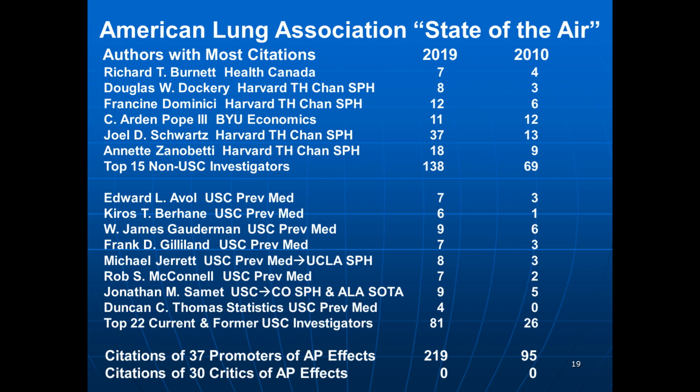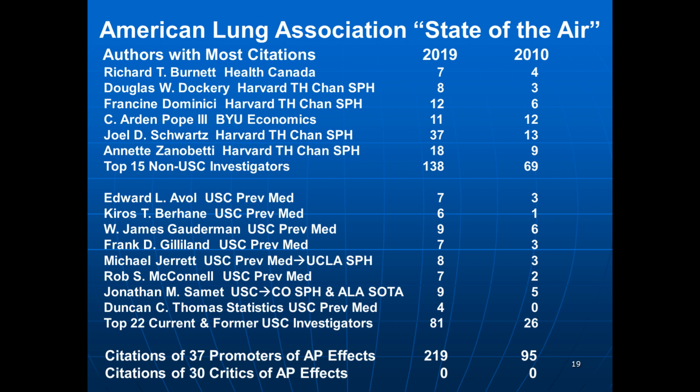What I did is I looked at the citations in this publication, comparing the 2010 version to 2019. You look at the same names of these investigators. The main people that promote the health effects are the ones that are cited. And you see it's grown from 69 citations in 2010 to 138. And for the USC professors, it's grown even more, from 26 to 81.